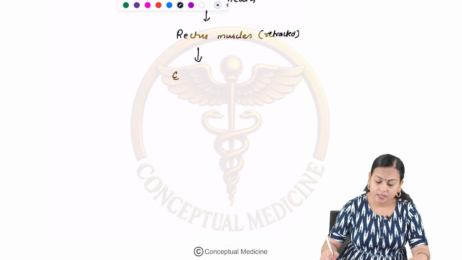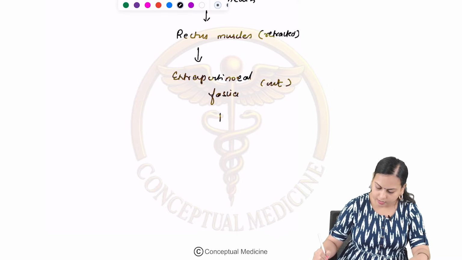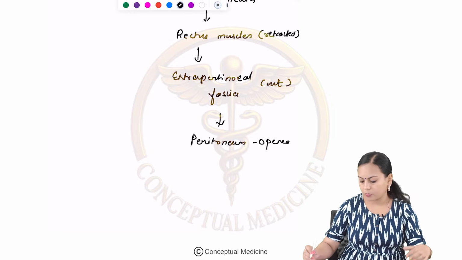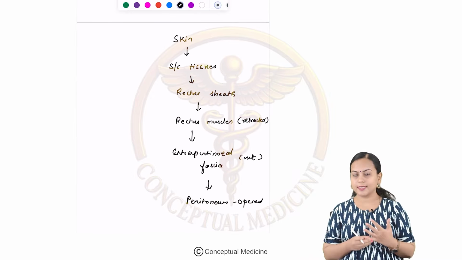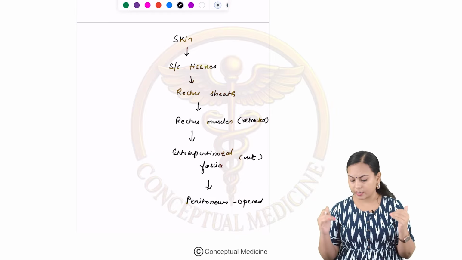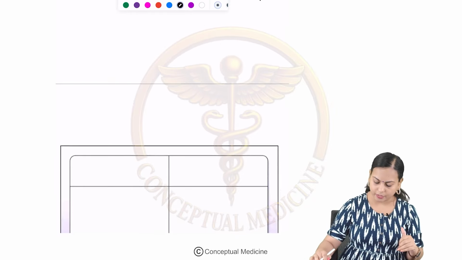Following that, the extraperitoneal fascia will be cut. Then following that, the peritoneum will be opened. So what are the layers we have gone through? It is the skin, subcutaneous tissue, then the rectus sheath, then you will be retracting the rectus muscles, then you will be cutting the extraperitoneal fascia and you will be reaching the peritoneum.